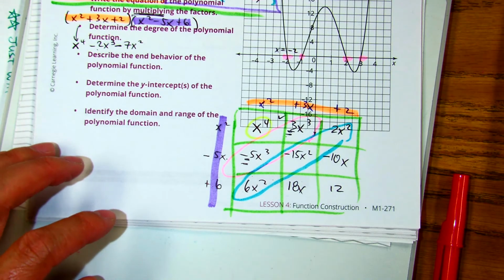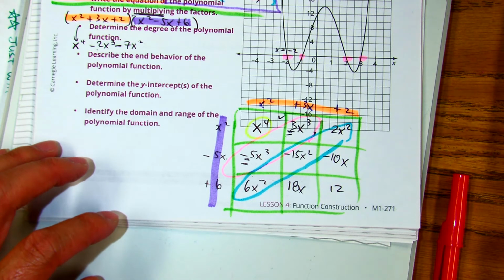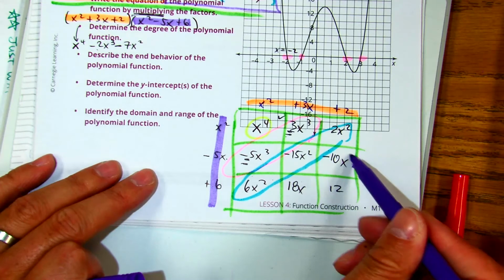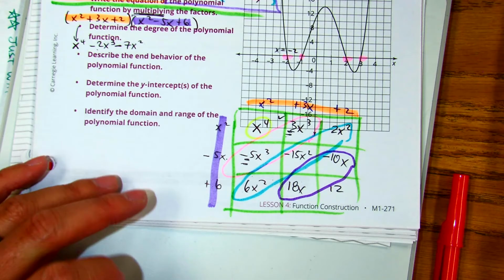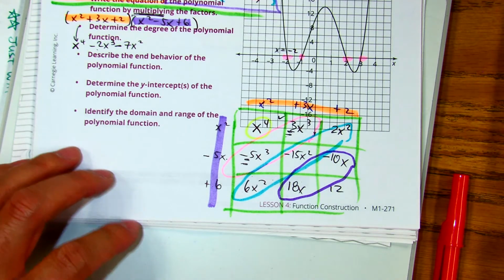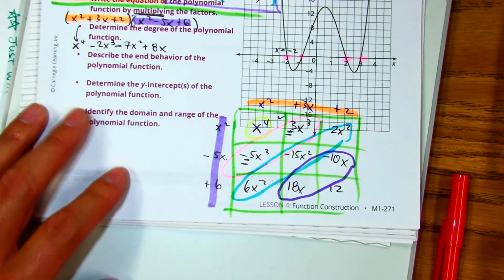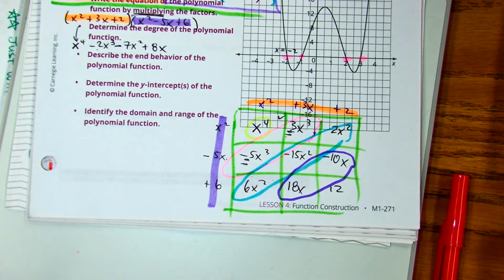Did I run out of colors? I have a darker purple. These two. What do you get? 8x. And the last one? Let's highlight that in red. Might come up later.